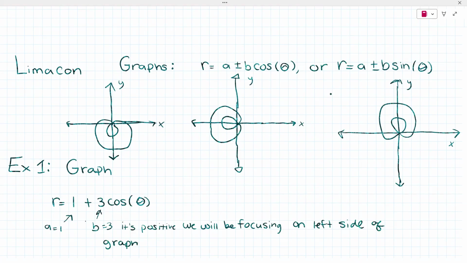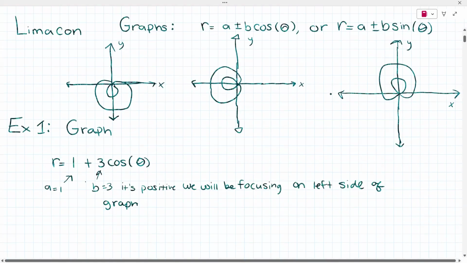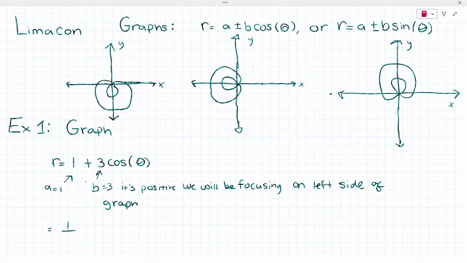Then what we do is a over b. My a is 1 and my b is 3, and 1/3 is less than 1. So since 1/3 is less than 1, we have what's called an inner loop.